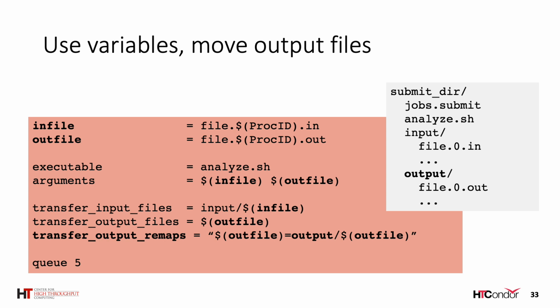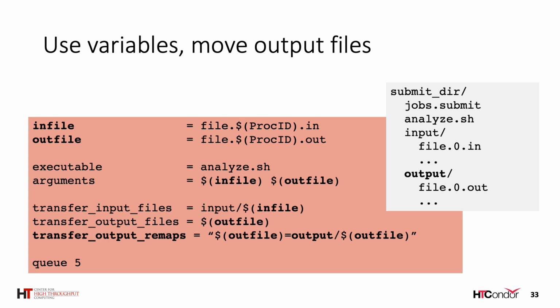And then I can use the in-file and out-file strings as variables in my submit file, replacing my arguments in my transfer input files and so on. So I don't have to write out that full file name with the ProcId variable every time I want to use it.